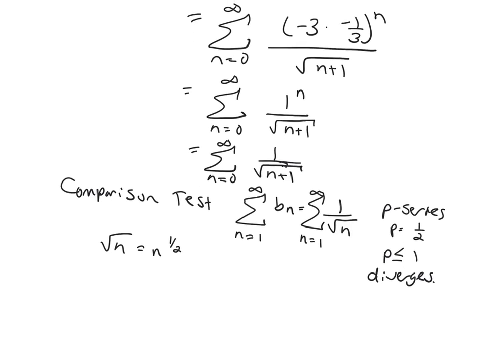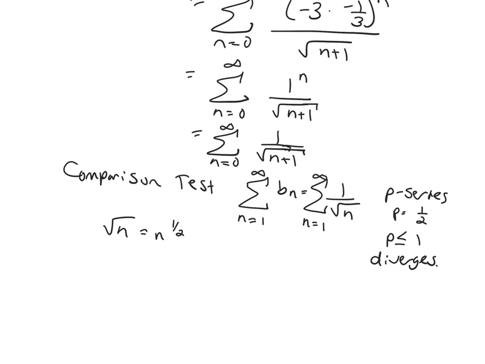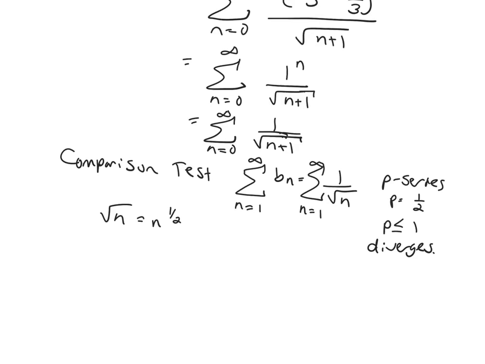Okay? And then, let's see. I think the direct comparison test will be inconclusive, so I'm just going to go ahead and use the limit comparison. You're computing the limit of an over bn.